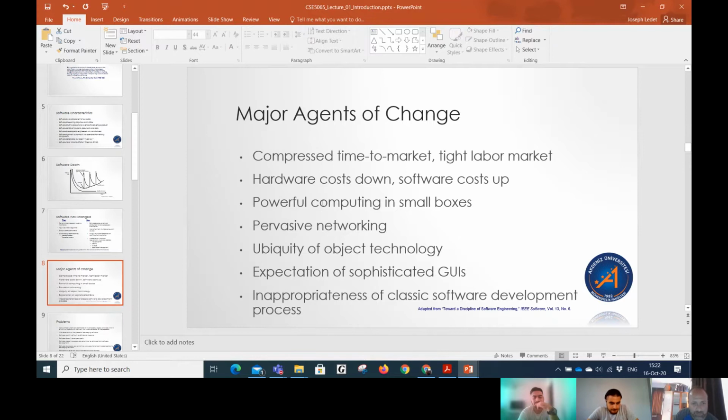So what other things do I want to point out here? There's this expectation of sophisticated user interfaces. One of the other classes that I'm teaching this semester is the system administration course, and a lot of it is heavy on using the command line to be able to do things. Most of our undergraduate students have never looked at the command line before. They've all used user interfaces, GUI windows with the mouse to get stuff done.